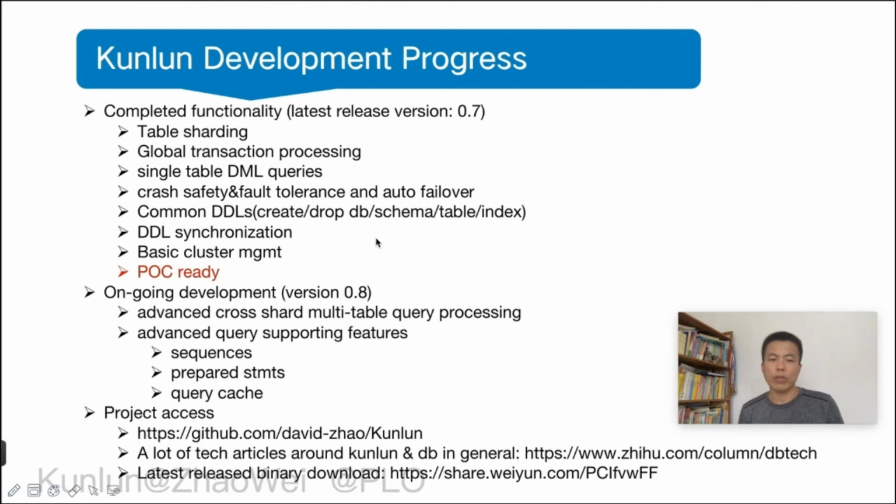The ongoing development is the 0.8 version. We will focus on query processing and the query supporting features. These are some technical information at these places, and you can download the 0.7 release here. We will build a website for this project and the startup very soon in the future.